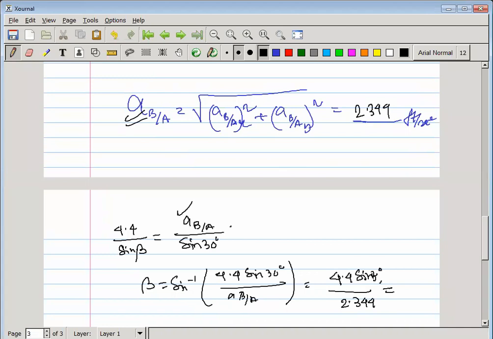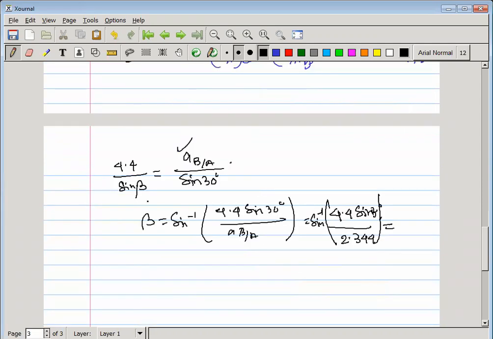This will give you the whole of sine inverse. Sorry, I guess I am doing this part wrong. 4.4 sine 30 divided by this is equal to sine beta.